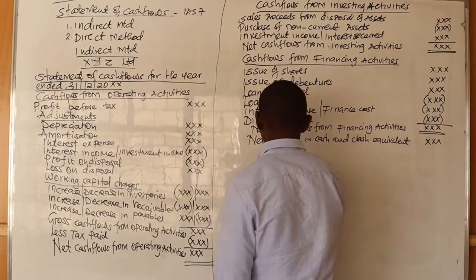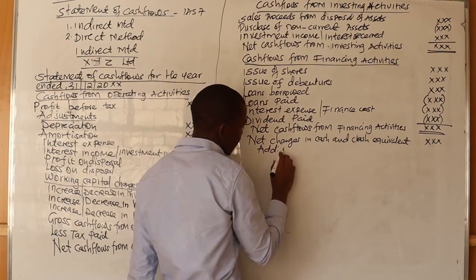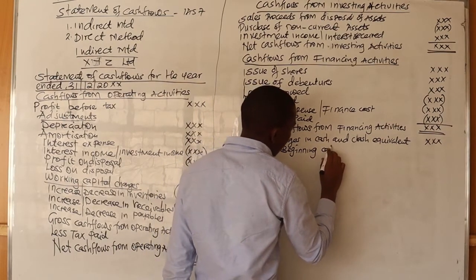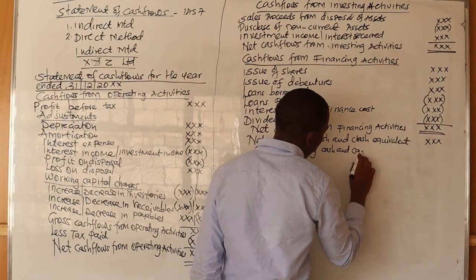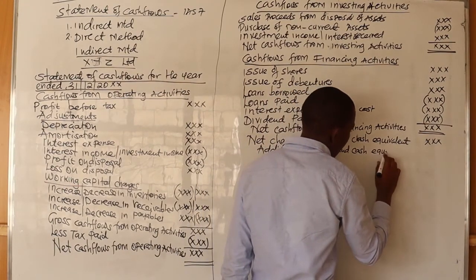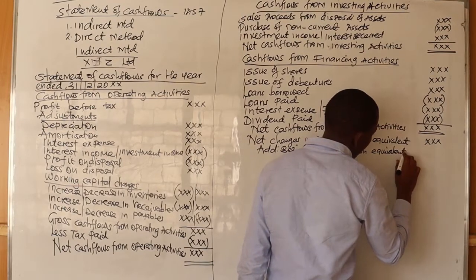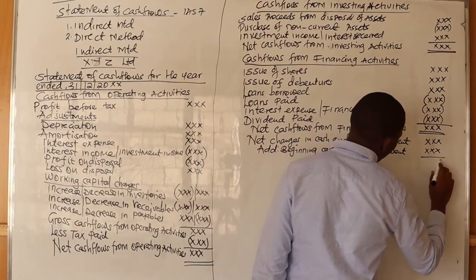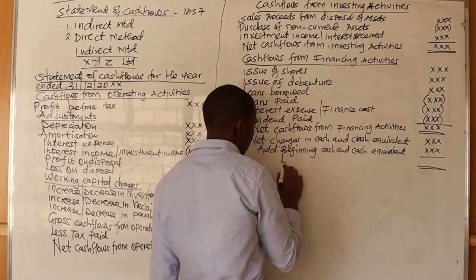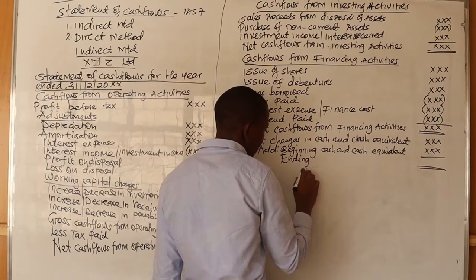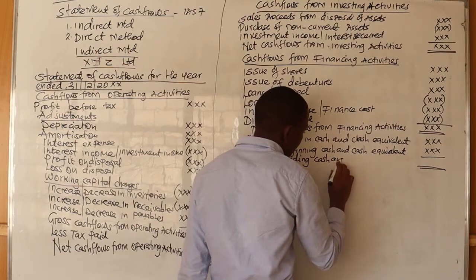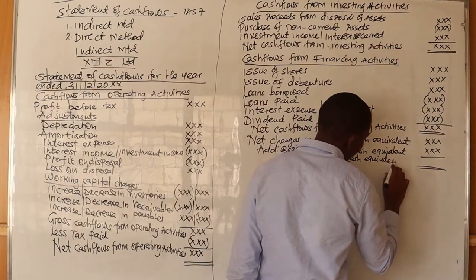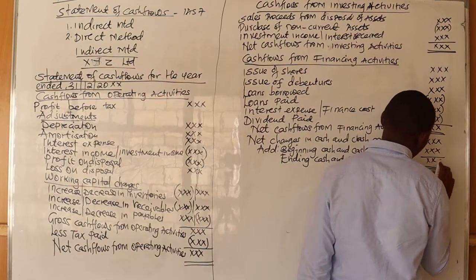And then you'll also be able to add the beginning cash and cash equivalent, then you'll be able to get the ending cash and cash equivalent.